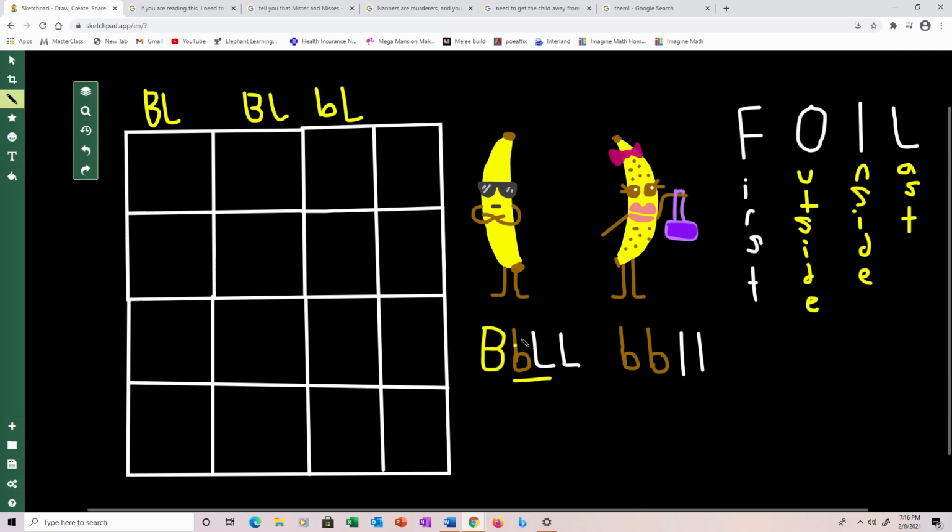And now we have our little row for Mr. Nanners complete. So now we're going to do the same thing for Mrs. Nanners. I'm just going to cut out till we get to that part.